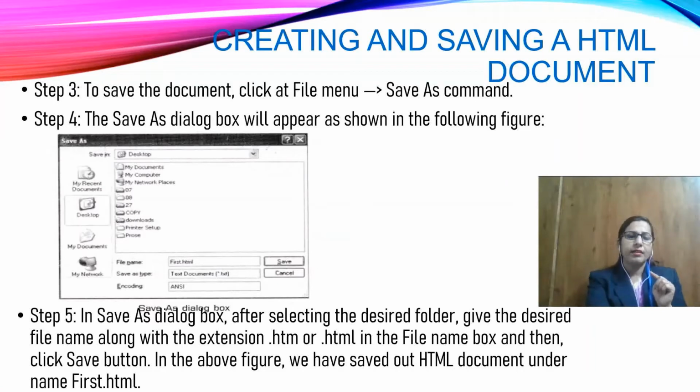Okay, see, first step, click on the File menu, click on the Save As command, and as you click on Save As, you get this Save As dialog box. In this dialog box, in the file name text box, write down the file name, whatever you want to give.